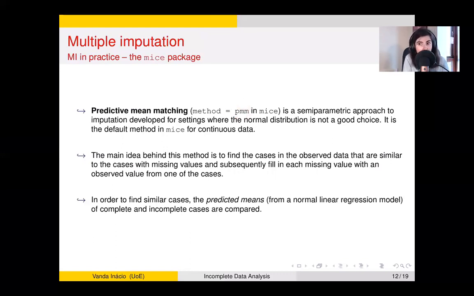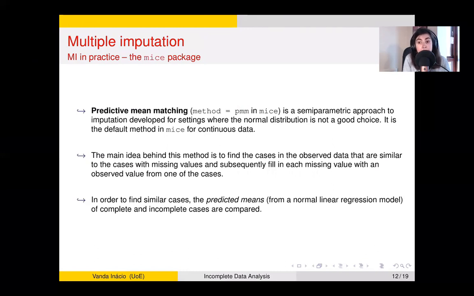Predictive mean matching, the method PMM in mice, is the default in mice for continuous variables, and this is a semi-parametric approach to imputation. It's especially useful for data where the normal distribution is not a good fit.